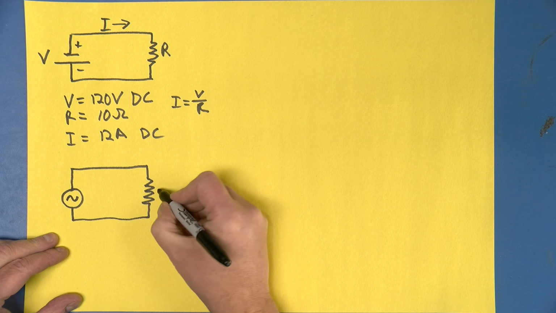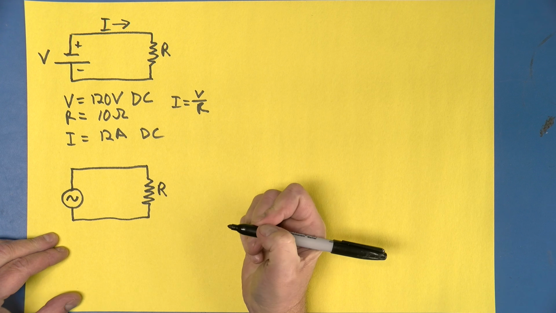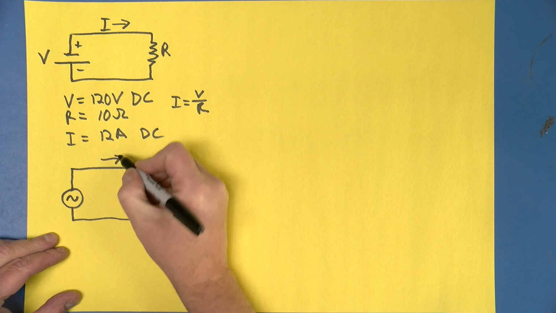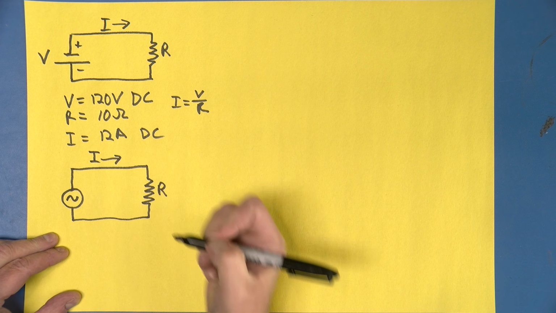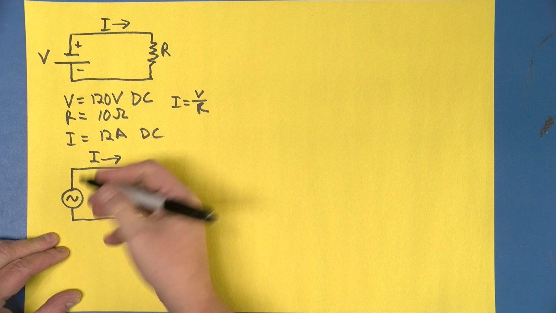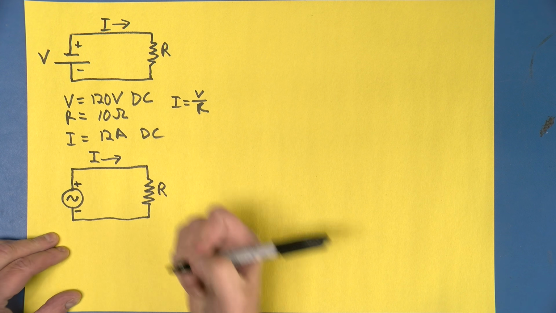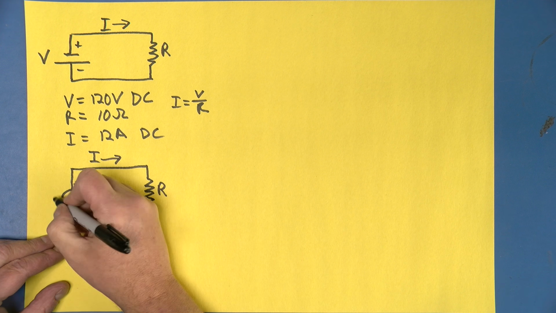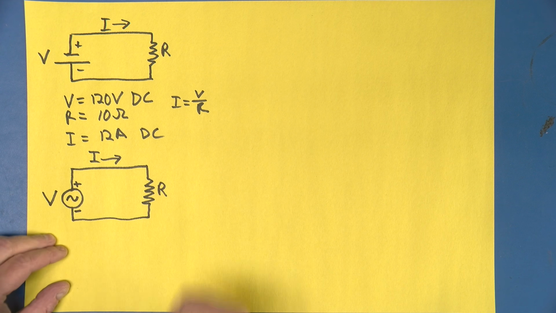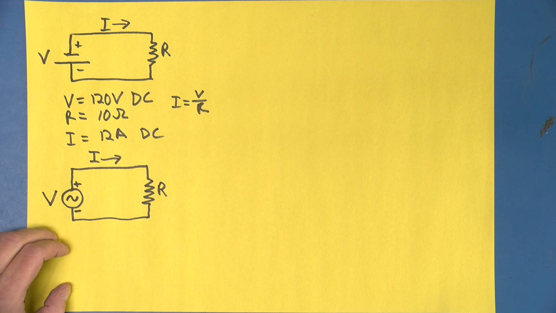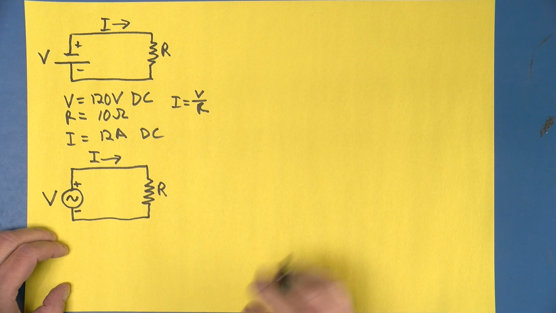And once again, this is the resistor R. There is a current I flowing through everything. Oh, and we better keep track of polarity. So there's our plus and minus again. And here is our voltage V. So really, it's almost the same circuit.